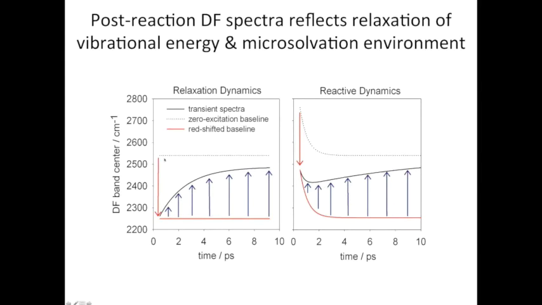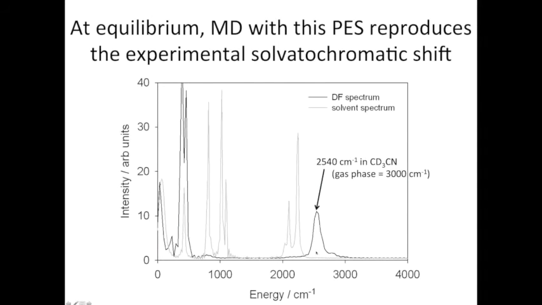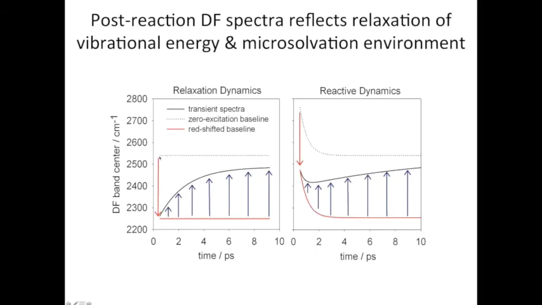So this is my spectral baseline, my 2,540 wave numbers, that I showed right here. When I pluck that DF with V equals 3 vibrational energy, you see a prompt redshift, because now it's far from equilibrium. And then as a function of time, it blue shifts back down to its equilibrium value as the energy in that DF dissipates into the solvent environment, okay? So that's without any chemical reaction happening.